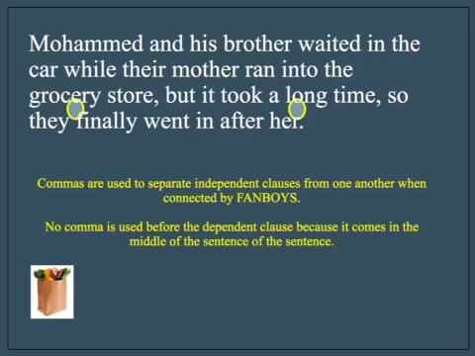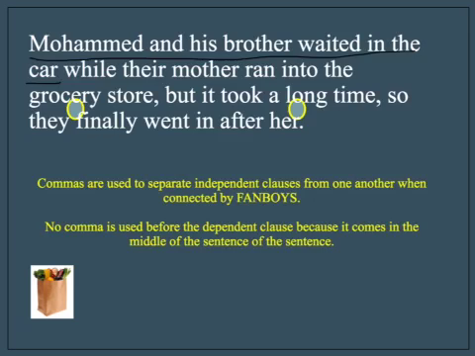In our sentence here about Muhammad and his brother, we've got a compound complex sentence because we have three independent clauses and one dependent clause, correctly punctuated and connected using coordinating and subordinating conjunctions. So if you look closely, you've got, Muhammad and his brother waited in the car. This is an independent clause.